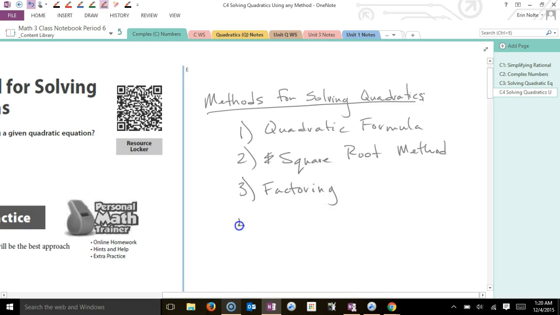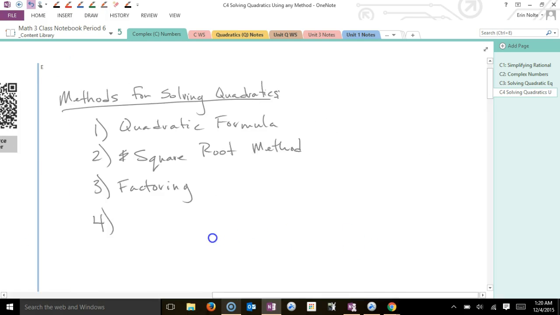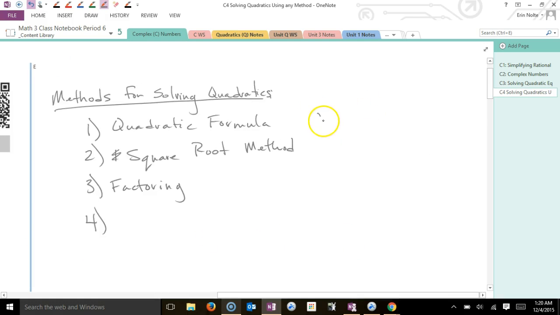And there's one more. I don't know if you'll remember the 4th one. The quadratic formula? I could do that for you. It goes negative b plus or minus the square root b squared minus 4ac all over 2a.